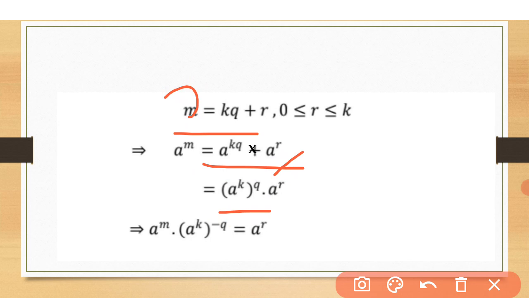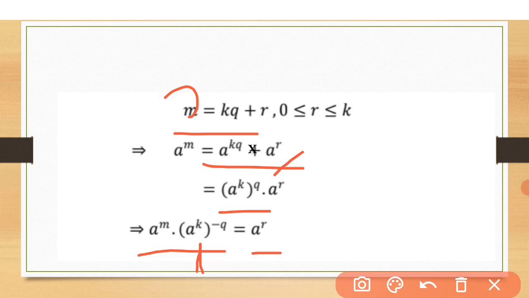As q comes to the other side of the equation, its power becomes negative because it is the inverse. So we find the equation a raised to power m into a raised to power k, the generator of H, to the power minus q, is equal to a raised to power r.